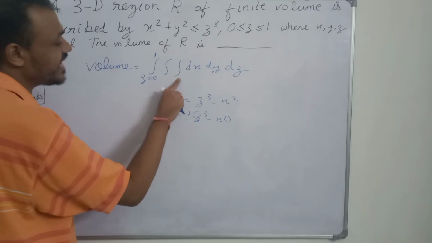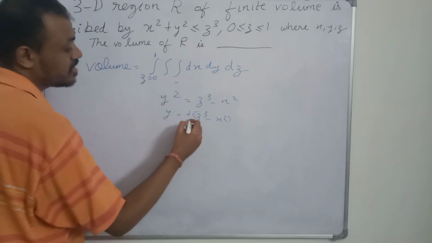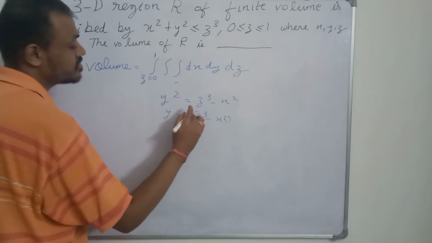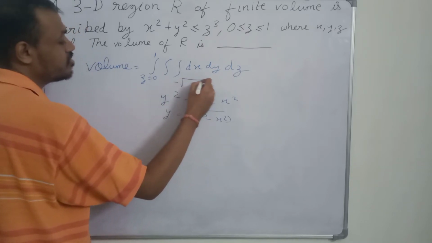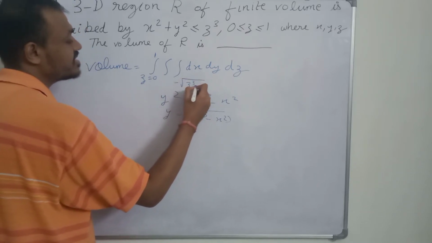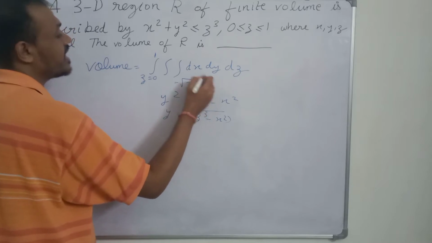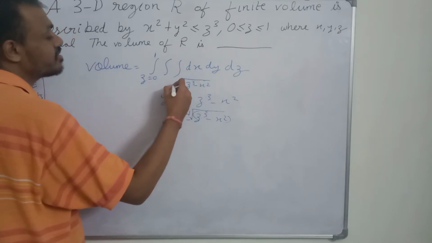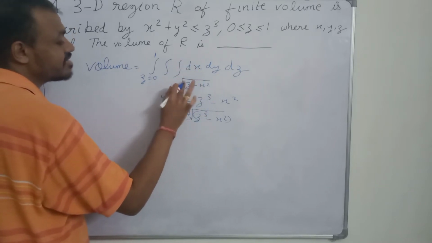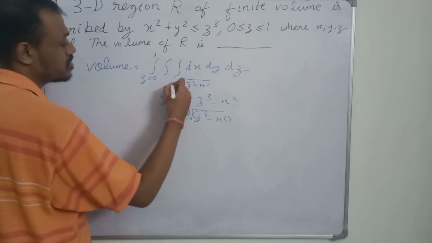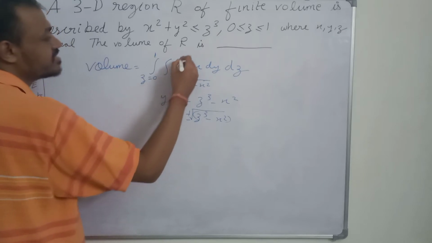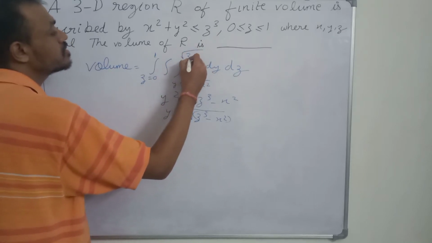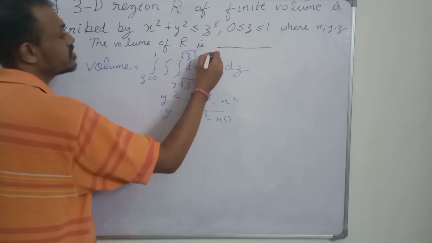First we will take the minus sign, minus under root of z cube minus x square, and the second limit for y will be plus under root of z cube minus x square.